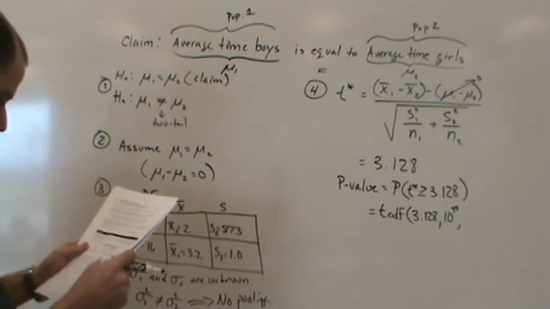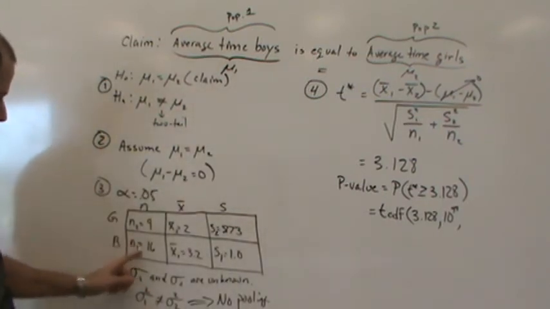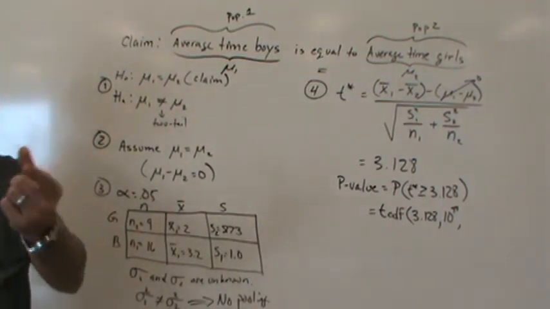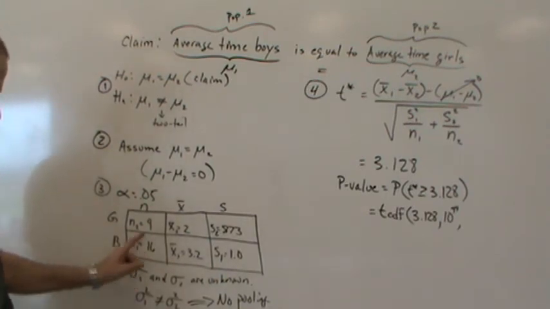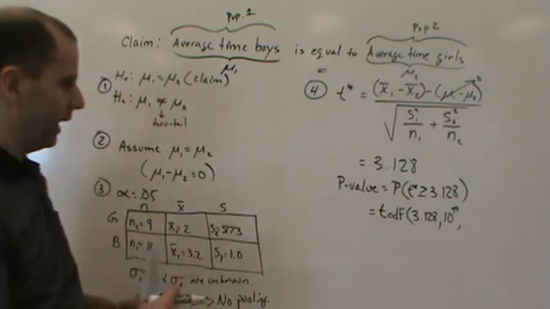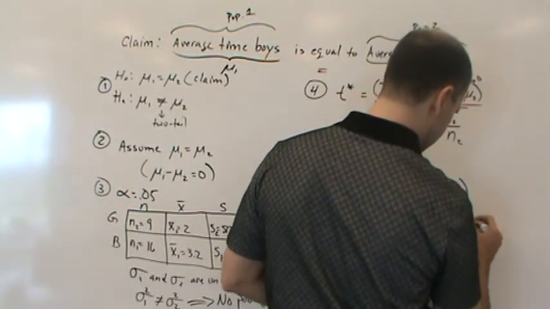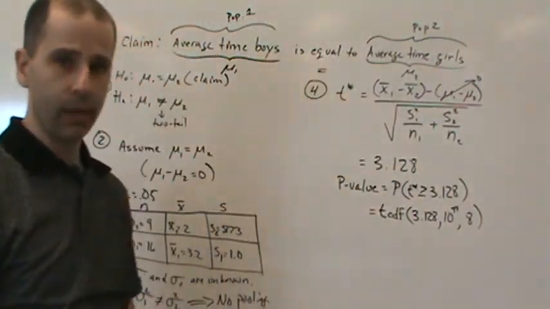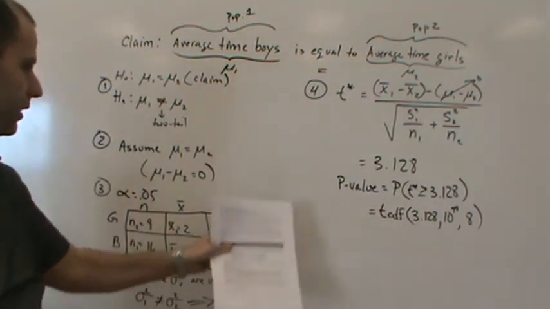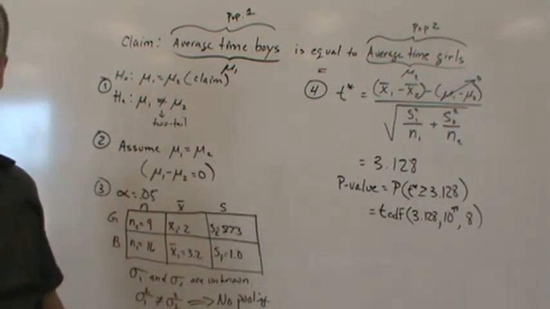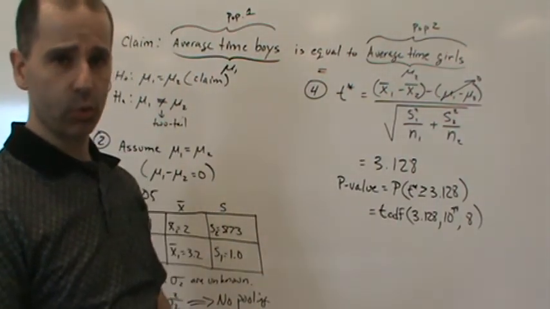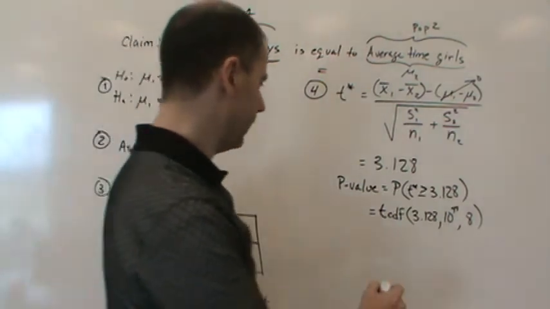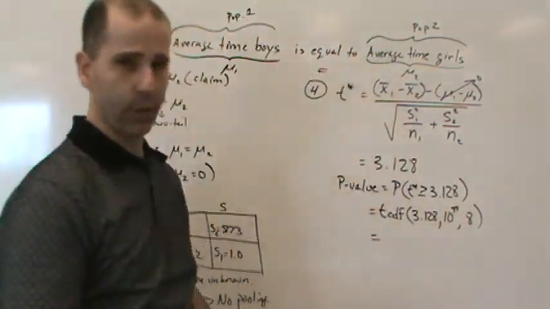You take the minimum value to be more conservative. So in this case, we're going to take the sample size 9 and use degrees of freedom 8 as the minimum value. When we get to the calculator, I'll tell you what the degrees of freedom actually turn out to be, but typically we'll use the minimum value. Again, it's just a rule of thumb.